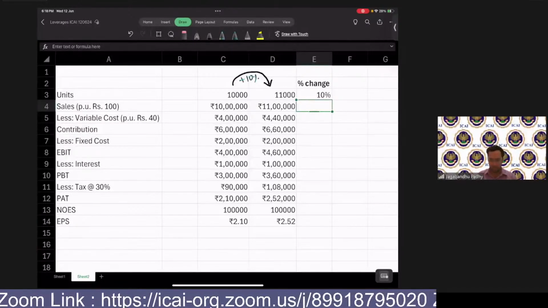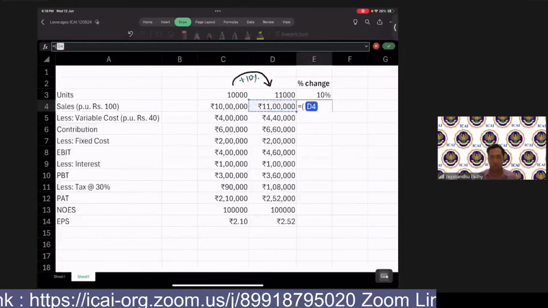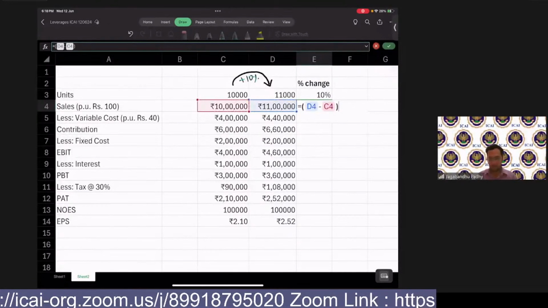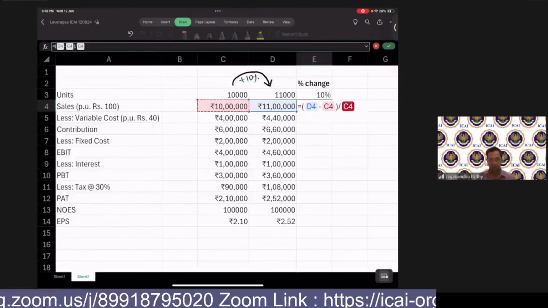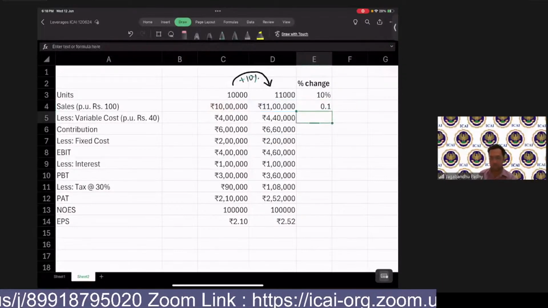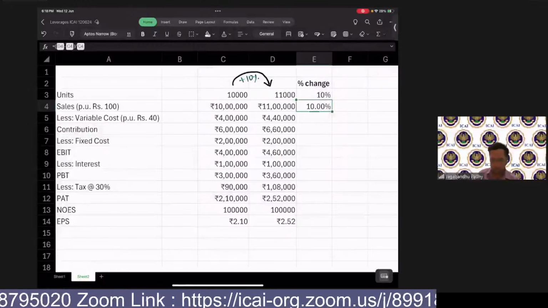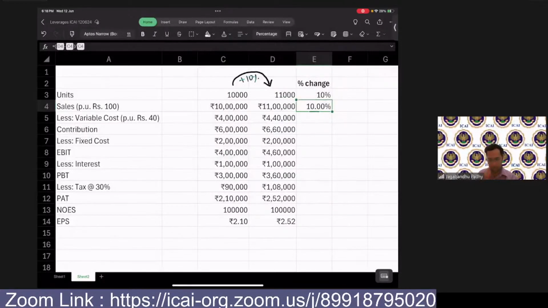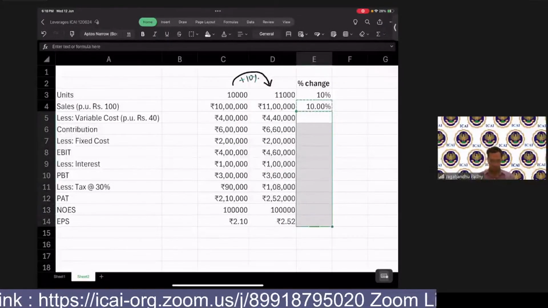Percentage change is basically new value minus old value divided by the old value. That gives us a percentage change of 10%. What is the percentage change now for all the subsequent numbers?